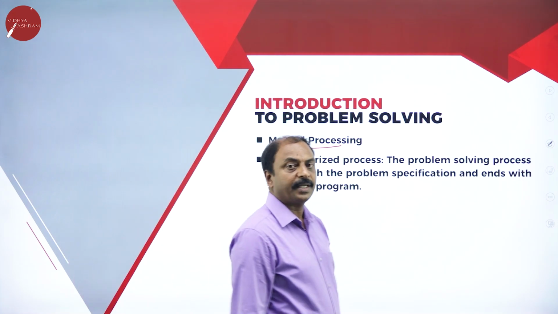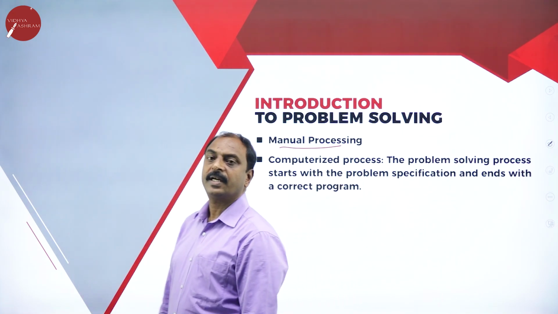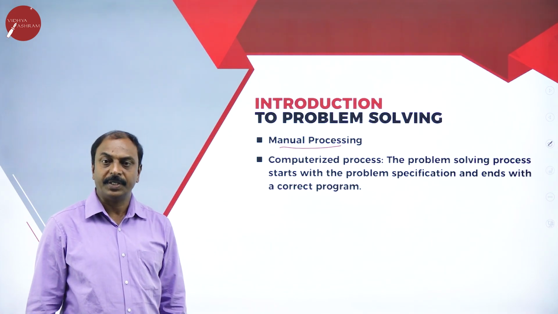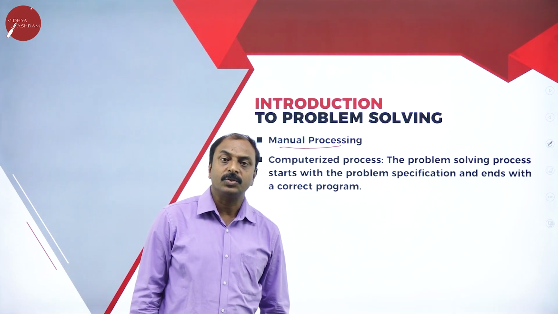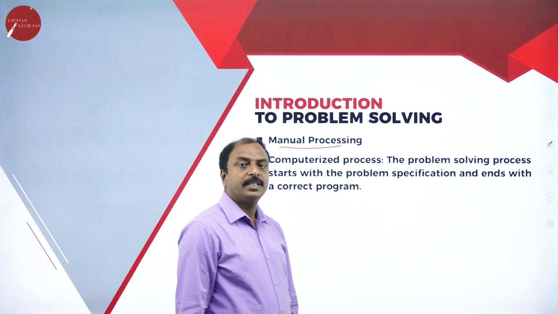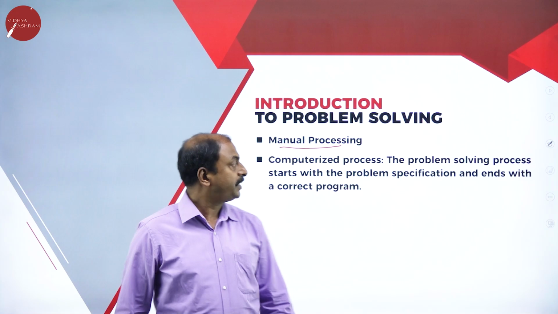Once there was an improvement in science and technology, in the computer era, we started using computers in our day-to-day life to solve our problems. So this chapter deals with the problem solving methodology in computers.